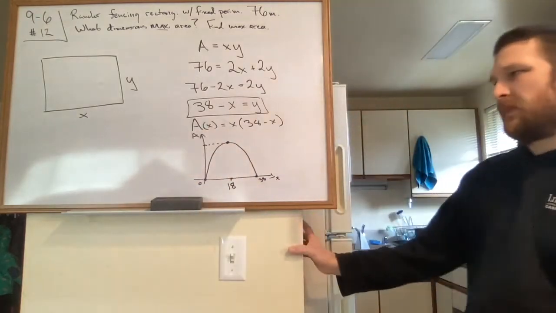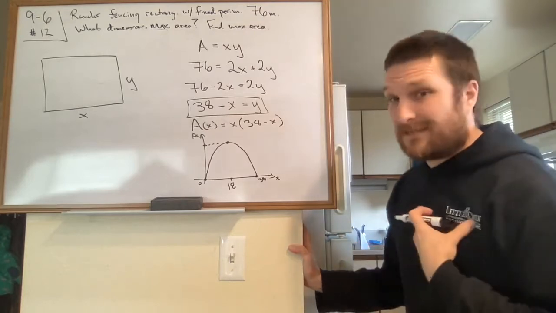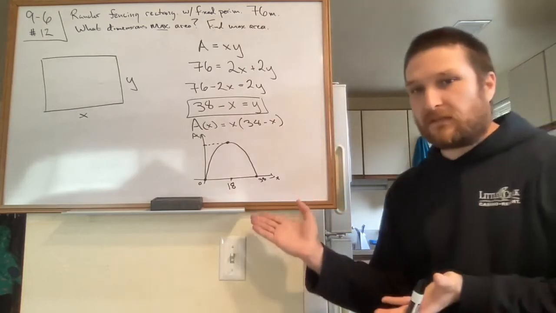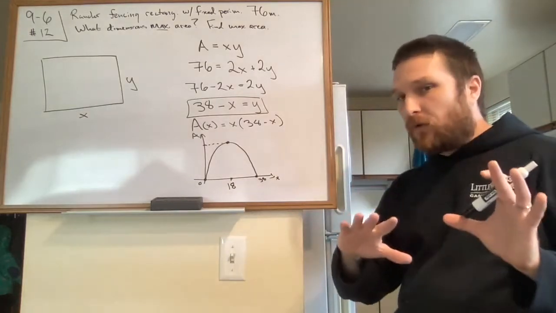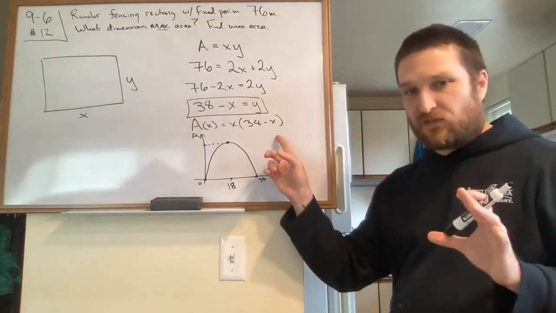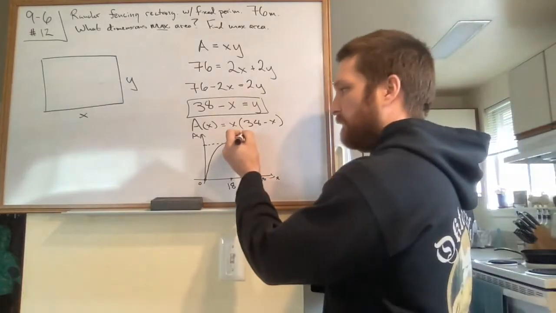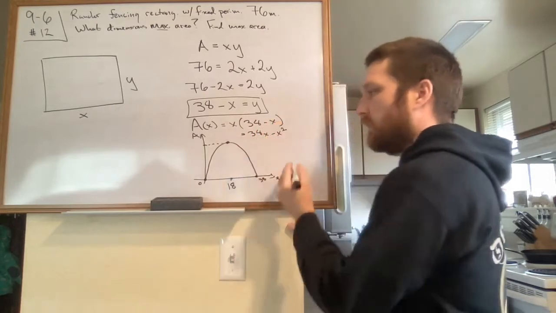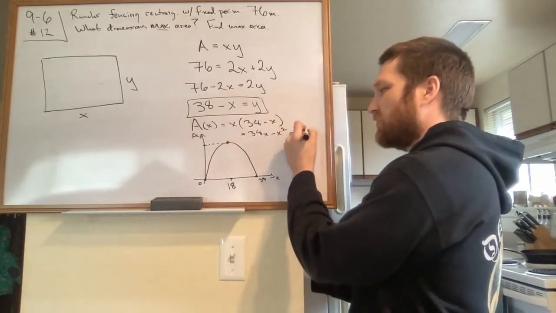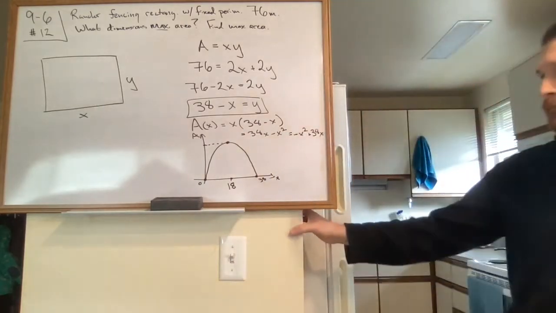Another way we could have done this is, even though I'm basically done, I'd like to check myself. So what I'm going to do is rewrite this as 38x minus x squared, or in other words, minus x squared plus 38x, like that.